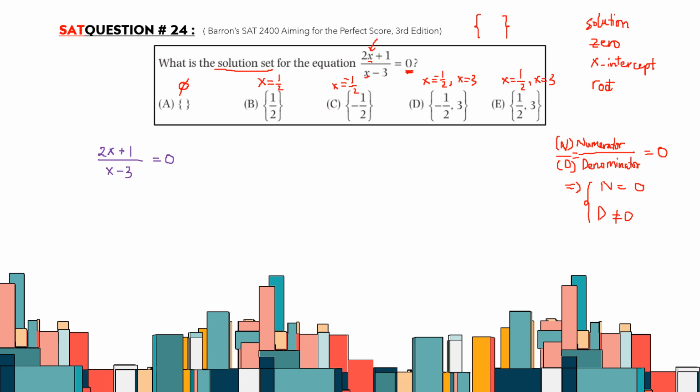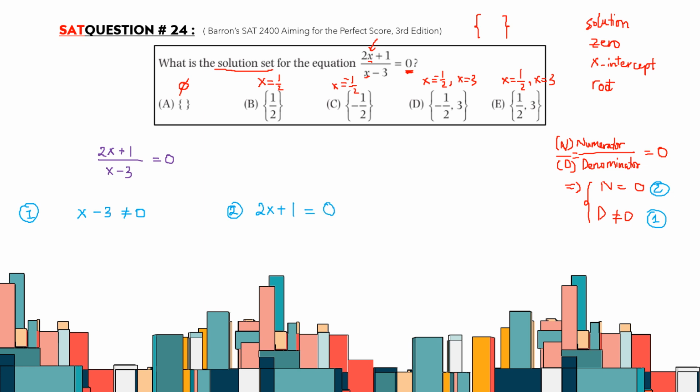So x minus 3 has to be different from 0. That's the first thing. And the second thing is the numerator, 2x plus 1, will be equal to 0. That's what we have to solve.